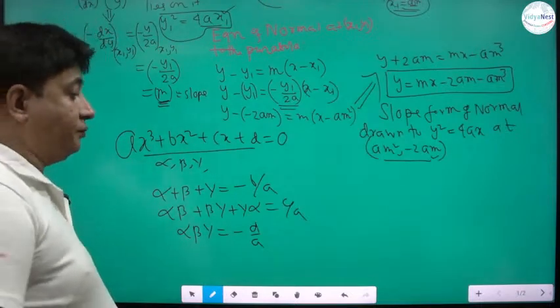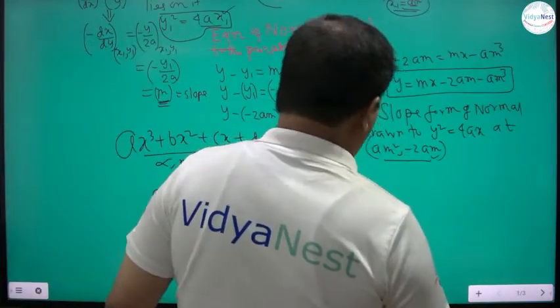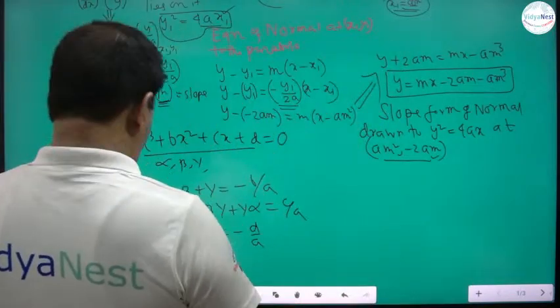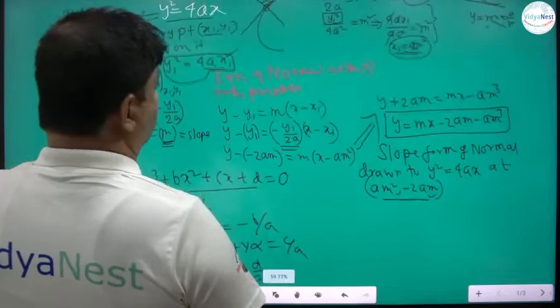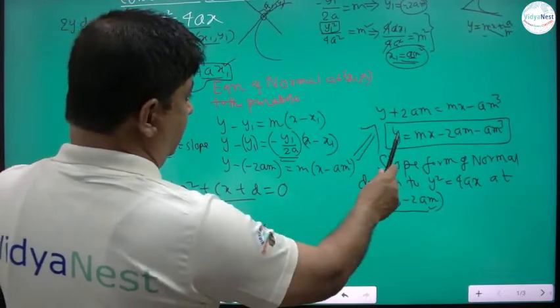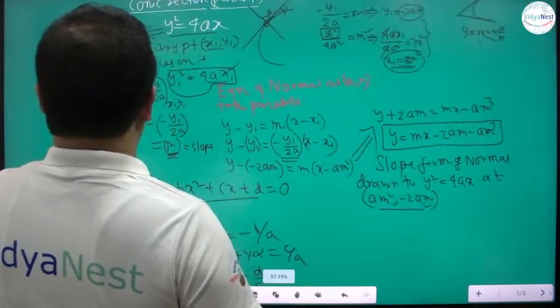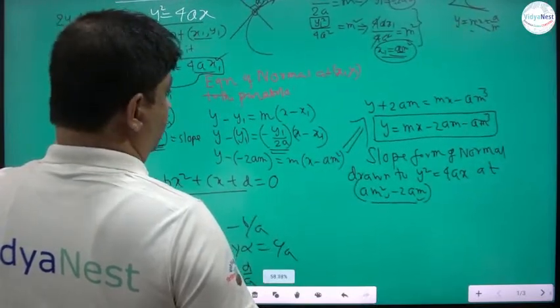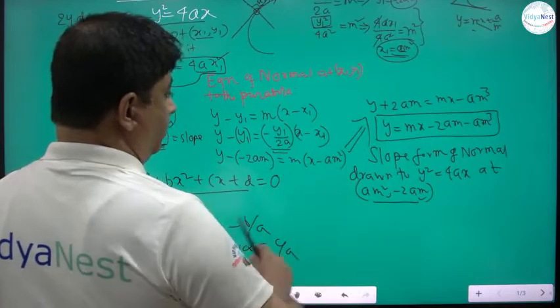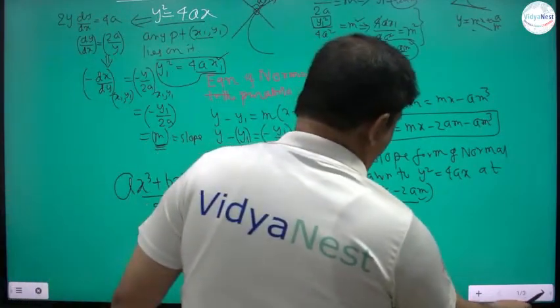Now, this is the slope form of the normal.